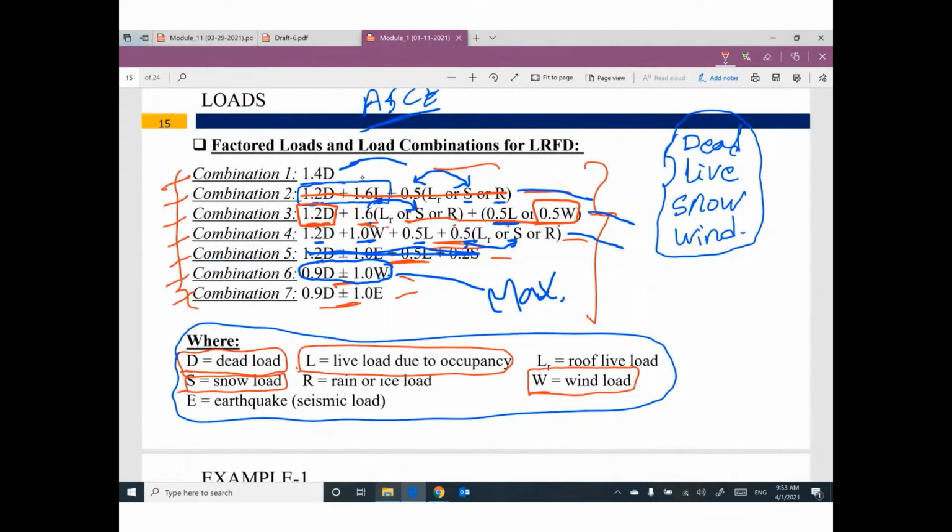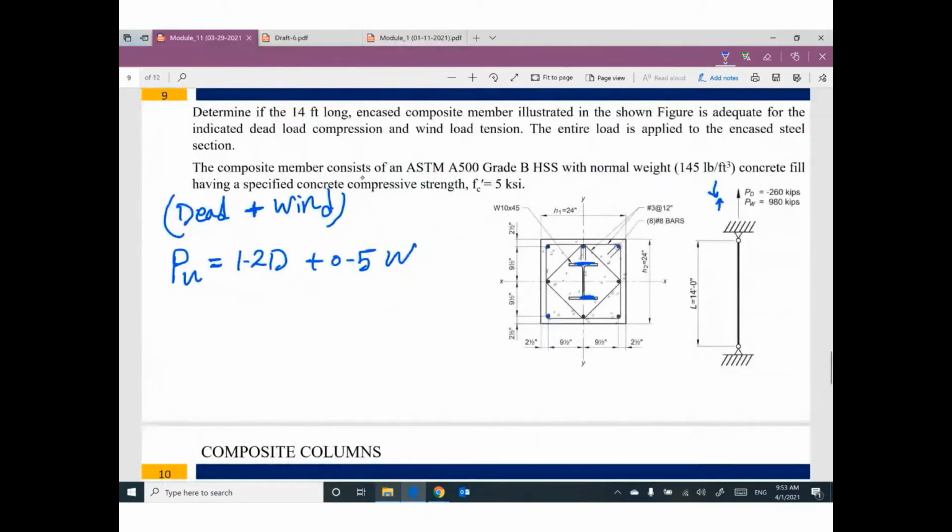Anything else? We have 1.2 dead plus 1 wind. Anything else?